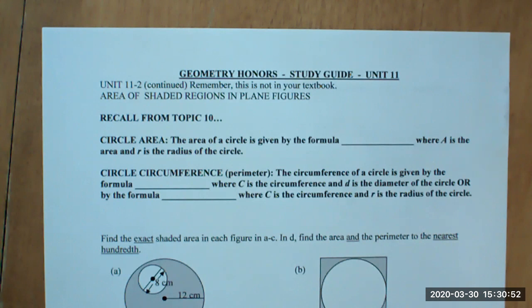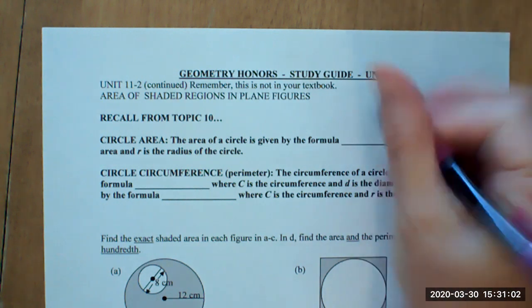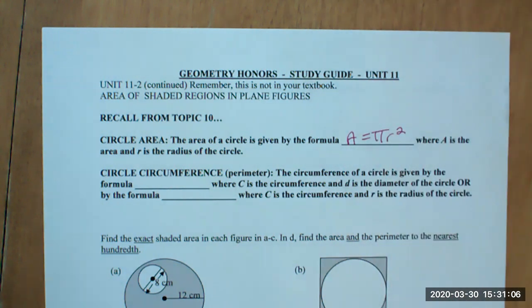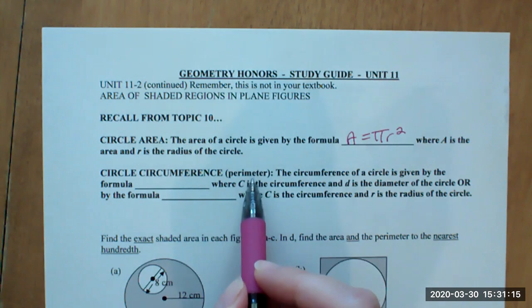Let's recall from topic 10 the formulas for circle area and circle circumference. The area of a circle is given by the formula A equals pi r squared, where A is the area and r is the radius of the circle. For polygons, the distance around is called the perimeter.